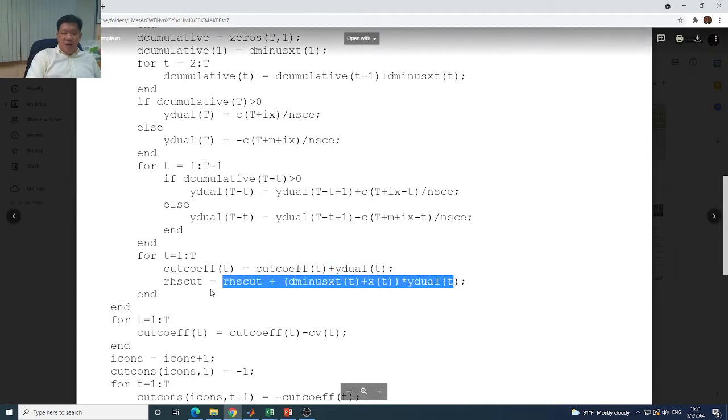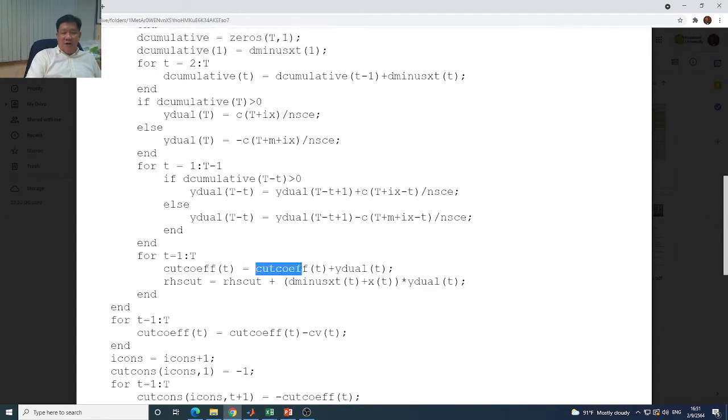When it goes to the next iteration, with the cumulative formula here, for both cut coefficients, they will compute the cumulative of y dual and y dual times the d minus xt plus xt, which now becomes b, the right hand side. Because d minus xt is demand, the right hand side, minus xt, but now you add xt, you get the original d, which is the b times y dual, and then the cut coefficient, the cumulative of y dual.